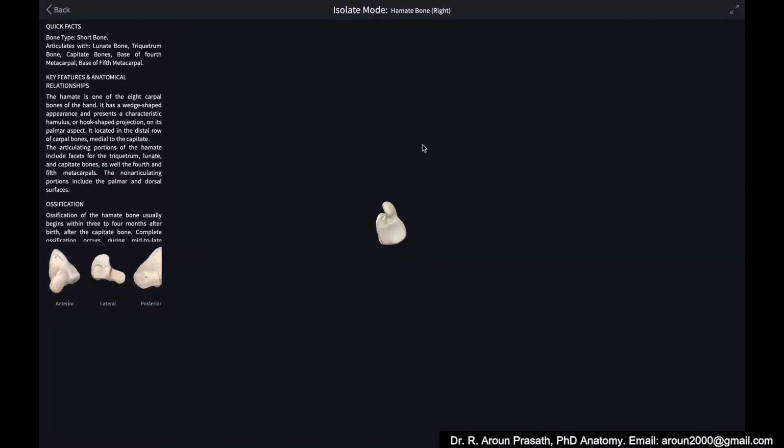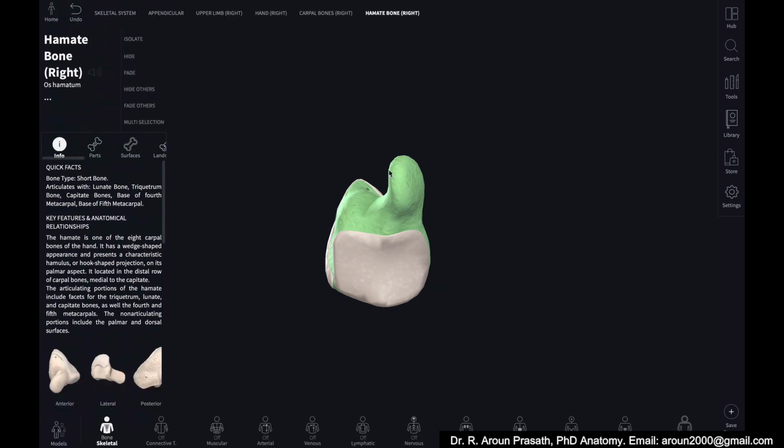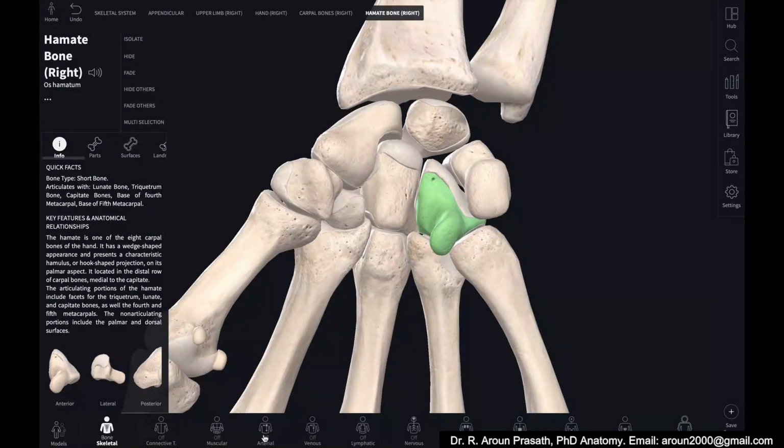The speciality is that the hamate has a hook. You see, this projection is called the hook of the hamate. Underneath, neurovascular structures are passing. I will show you.